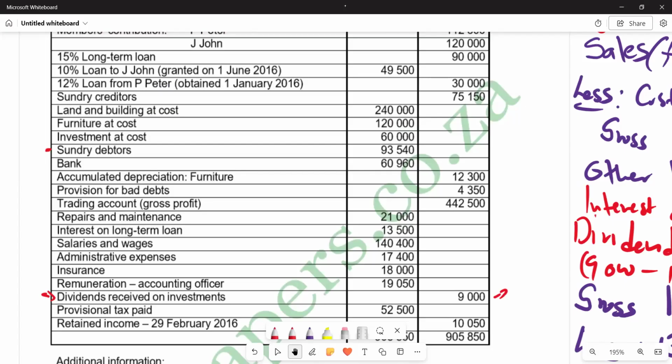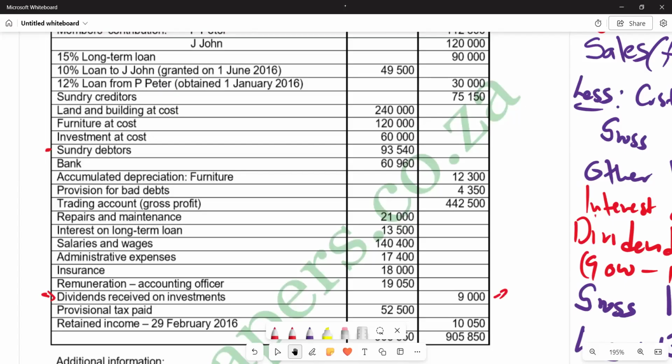We have 2 members. Go to the beginning of the question: we are told that there's Peter and John. So we calculate the total for the 2 members: 15,000 times 2, and you get 30,000. We remove 30,000 from the total for salaries and wages, which is 140,400.